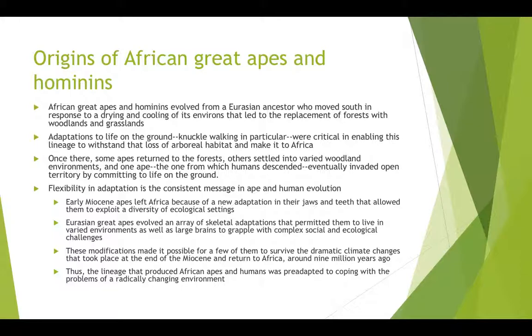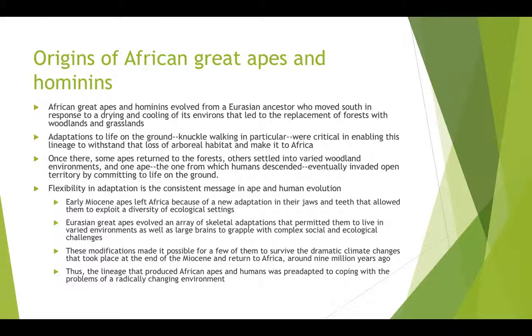This was critical in enabling the lineage to withstand the loss of arboreal habitats. Without this, apes wouldn't move as effectively on the ground, and knuckle walking was pretty energetically beneficial for this kind of migration back into Africa.